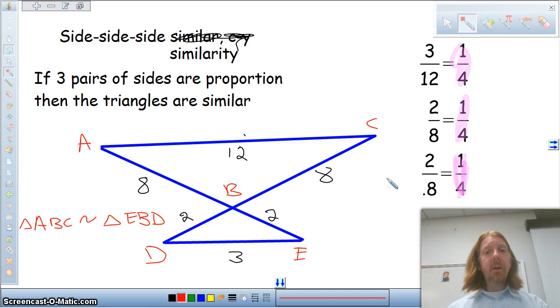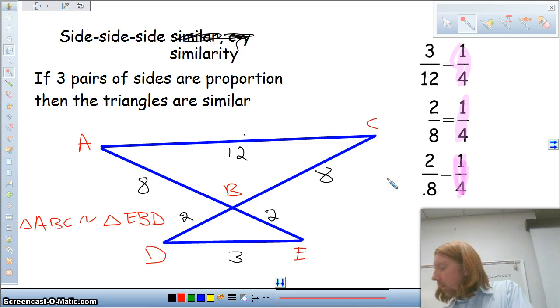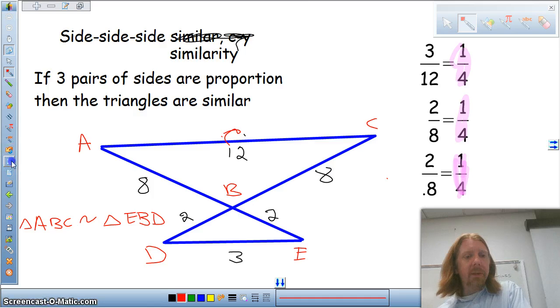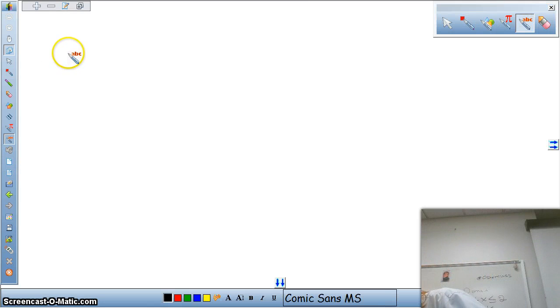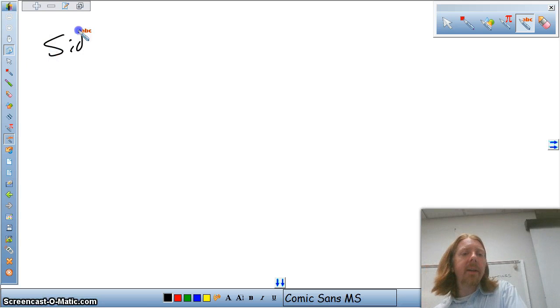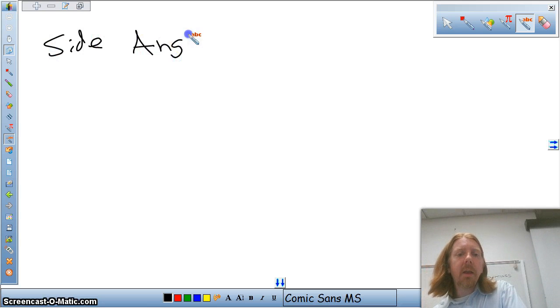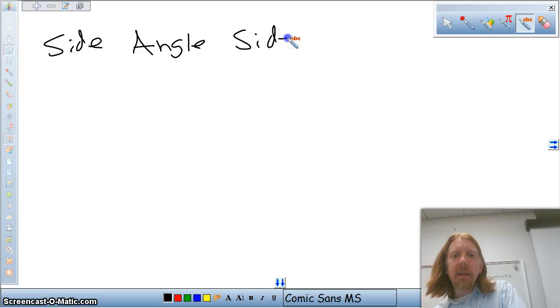The last thing we're going to look at is called side angle side similarity. So let's write that one down. Side angle side similarity.